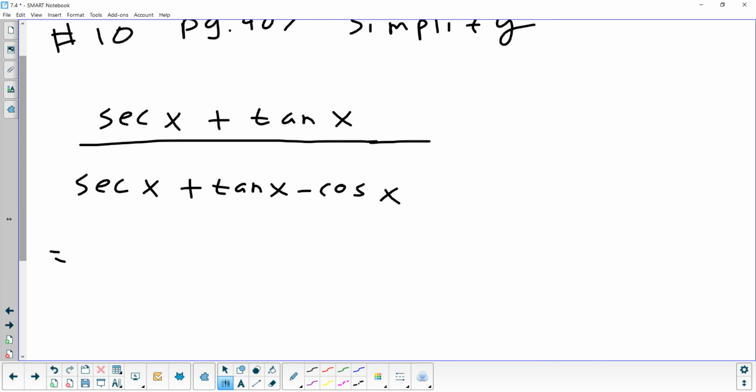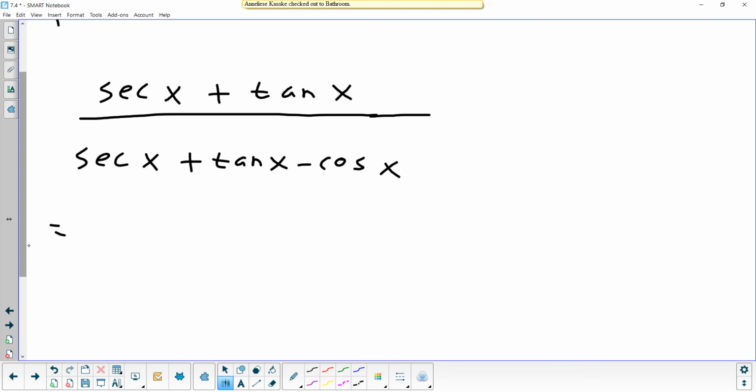All right, I'll let you guys mess this up. So you tell me, what do you want to do first? Change it to sines and cosines. Okay, yeah, I would try changing to sines and cosines, and I hope that something cancels out somewhere. So what's secant? 1 over cosine.